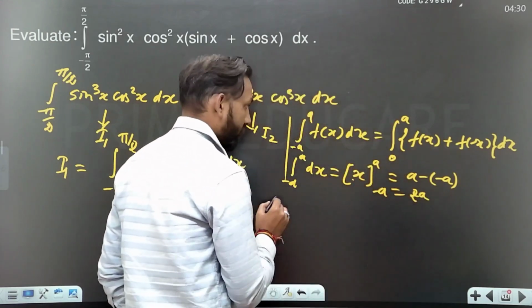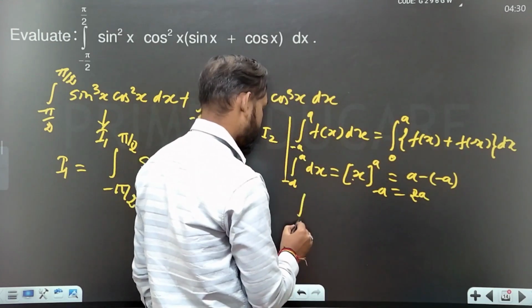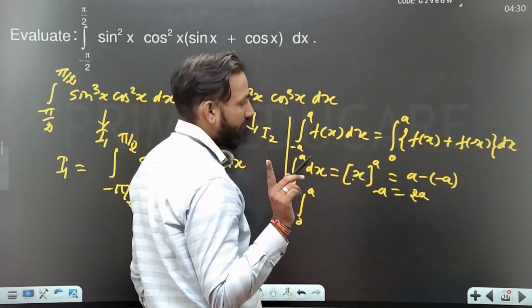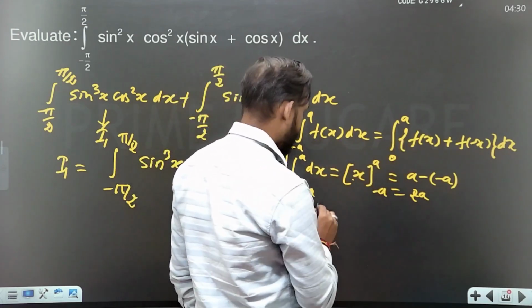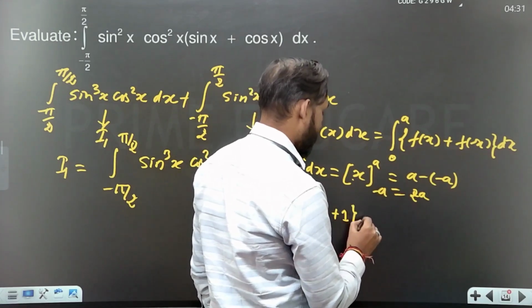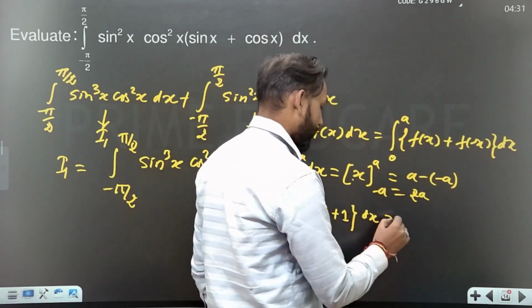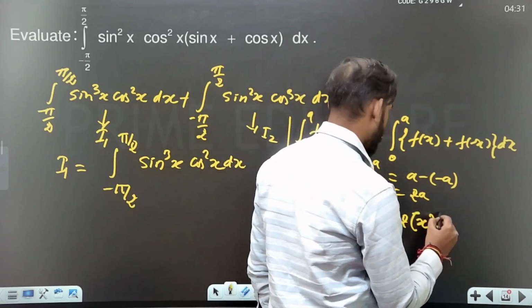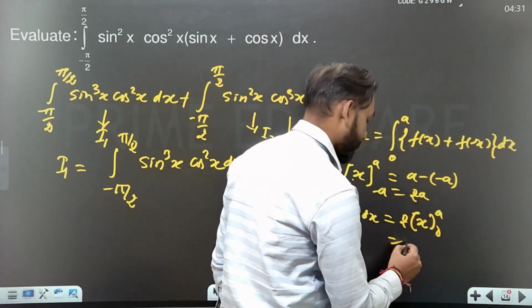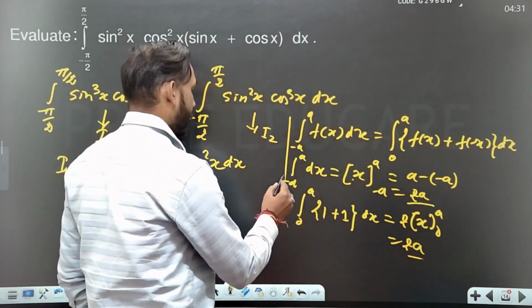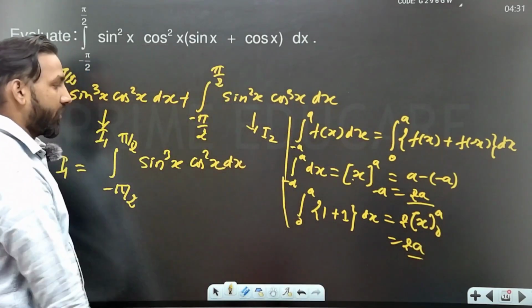Now if we write this from 0 to a, f of x is just 1, and f of minus x is also 1, and then we write 2x from 0 to a, and putting the limit gives 2a. Both are the same, right? If we want to verify this, we can do it.